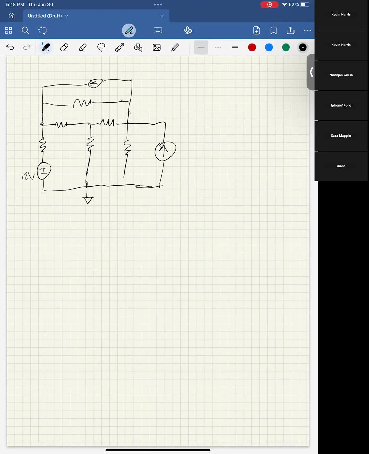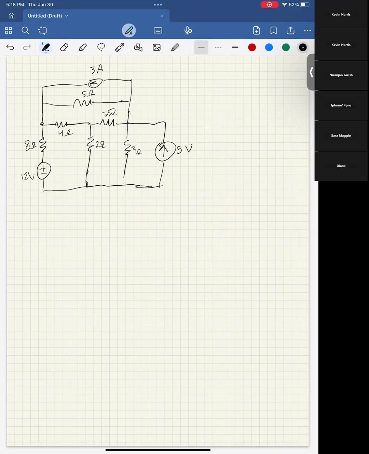And now, okay, 12 volts, 3 amps, 5 ohms, 4 ohms, 8 ohms, 2 ohms, 7 ohms, 3 ohms, 5 amps. And then this part down here, I guess that wouldn't be labeled for you.